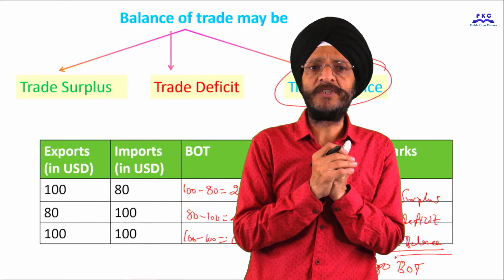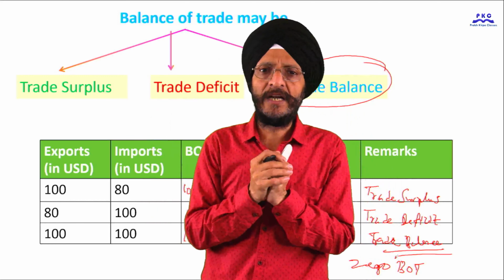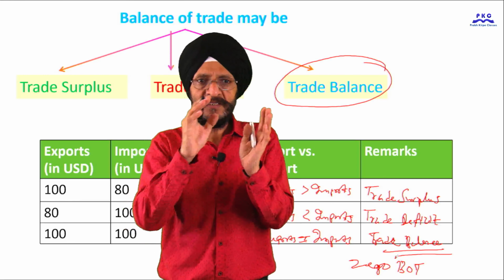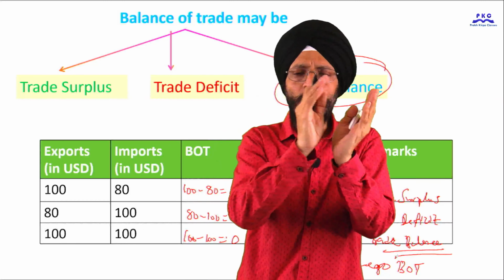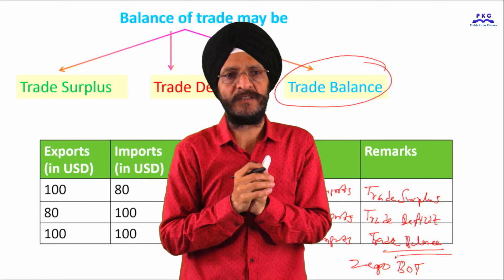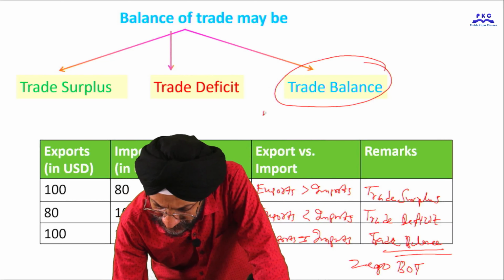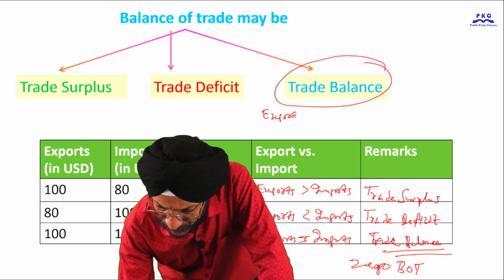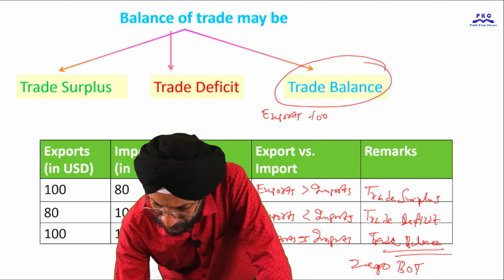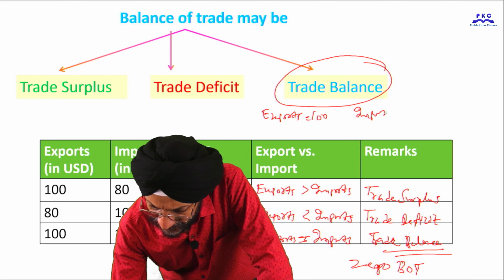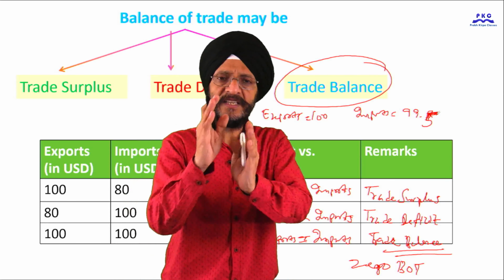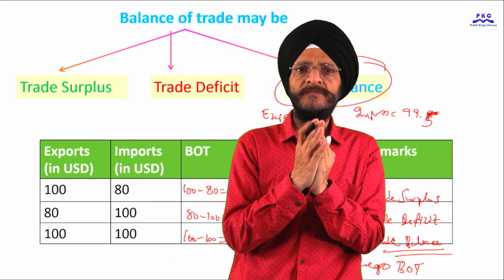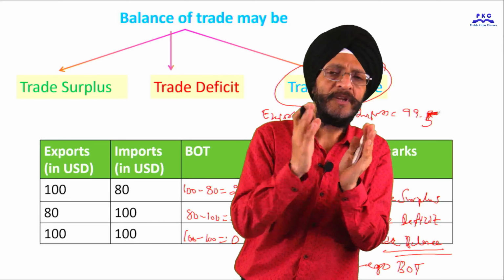When we are talking about trade balance, it means there is an approximate balance, that exports and imports are roughly equal to each other. If we say that exports are 100 and imports are 99.5, here there is a negligible difference between the two.